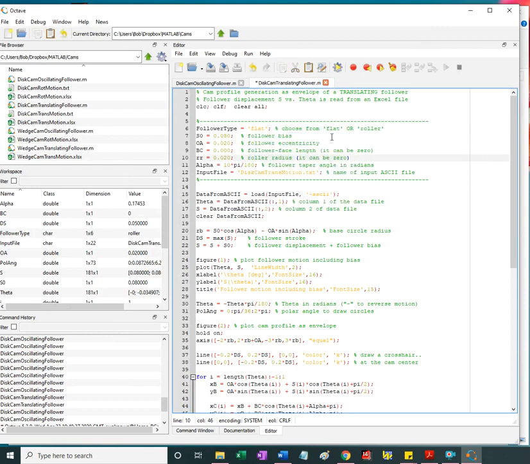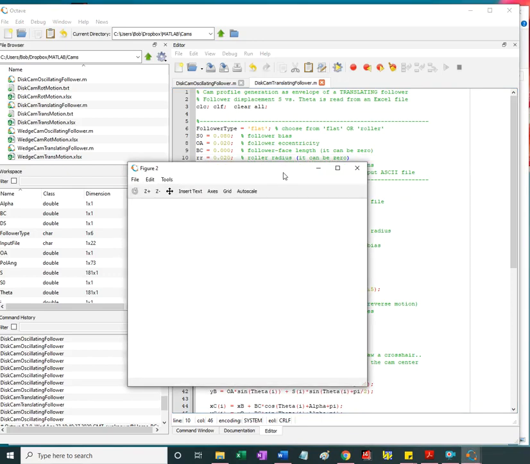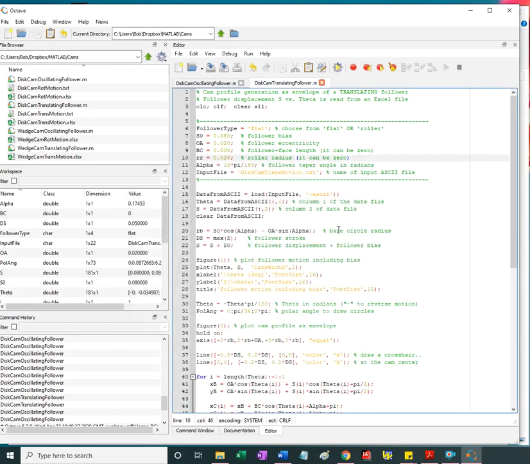okay, flat, and there will be an angle. So I can make this 0, or it's 10 degrees, and with sine. Oops, what's going on? Yeah, well, I would need to set the follower face length. Okay, it can be 0.